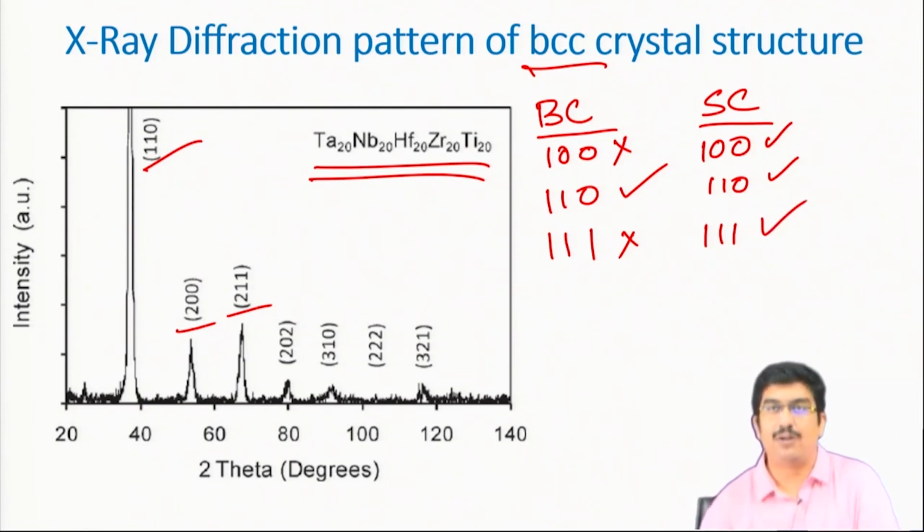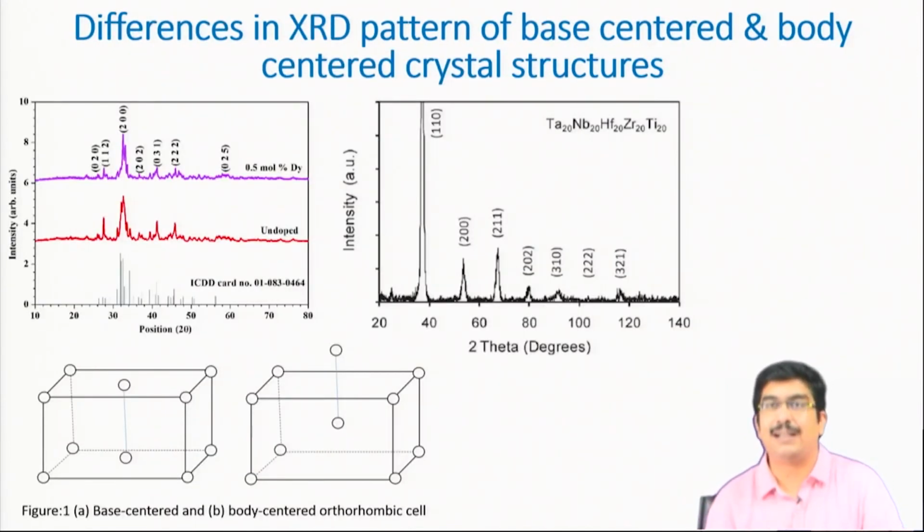So if I look at this diffraction pattern and I get the peaks for all of 100, 110 and 111, I know it is definitely not body centered, because in the body centered case I should not get 100 or 111. It has to be something like simple cubic.